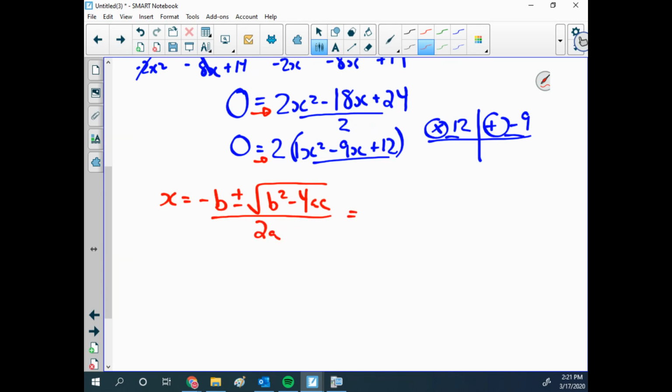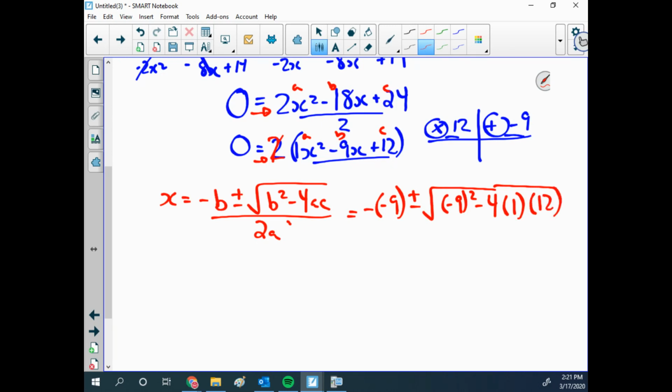And so negative b, so a negative negative 9, plus or minus the square root of negative 9 squared minus 4ac, all divided by 2 times a, which is 1.